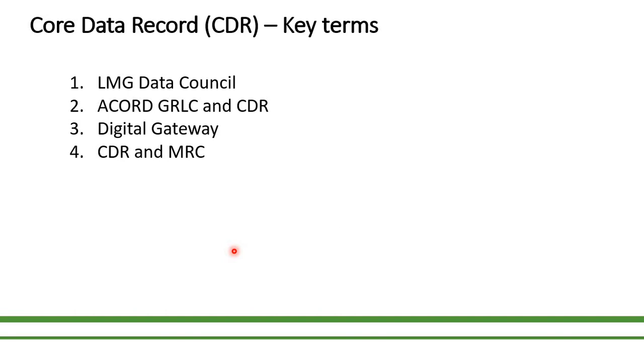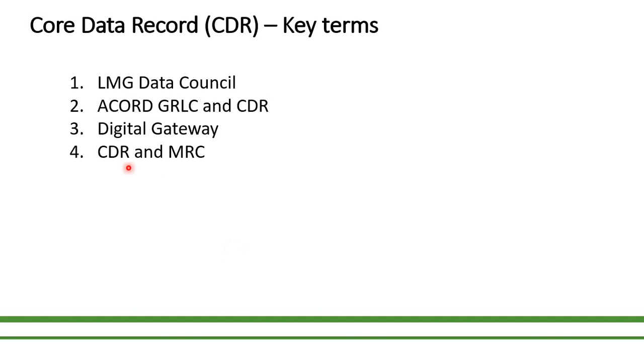So CDR is actually based on the Accord GRLC standard. Clear? Now the third important point is the Digital Gateway. The Digital Gateway will help to validate and augment the CDR and ensure the data received is fully aligned with the CDR standards before it's sent down to the downstream applications for automation purposes.